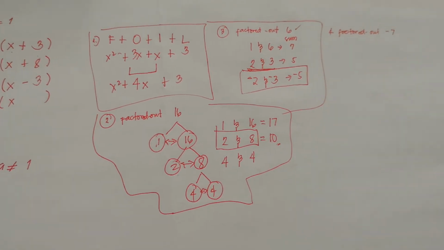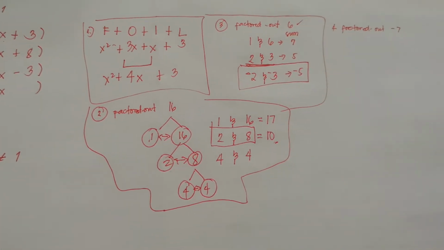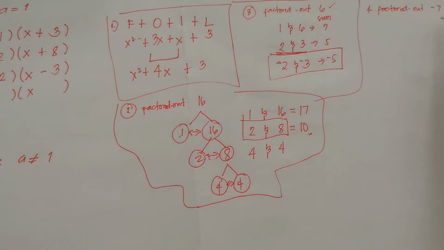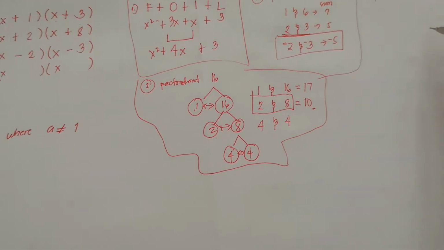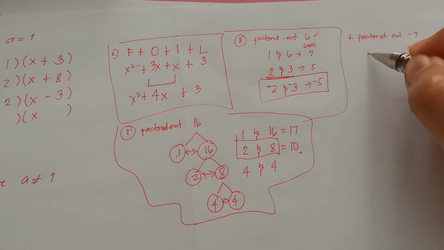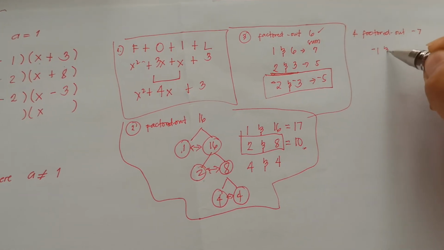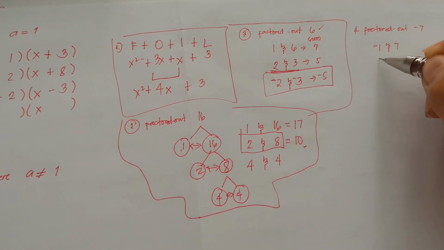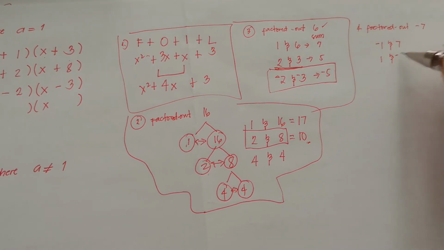Right? Negative times positive or positive times negative. So we can use negative 1, prime number man sa negative 7, so nothing to worry. So we can use factors negative 1 and positive 7 or positive 1 and negative 7.